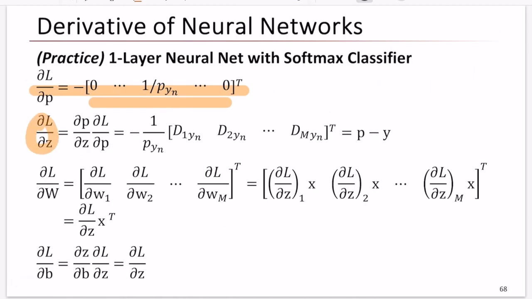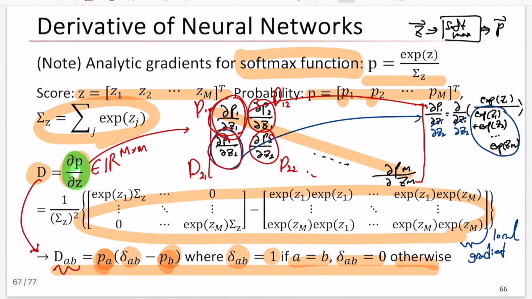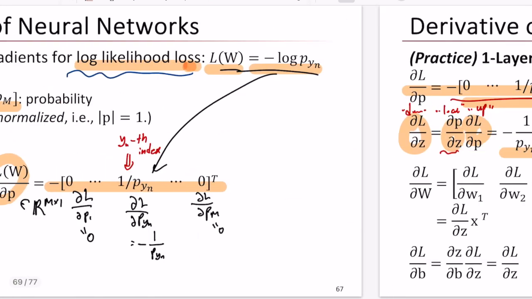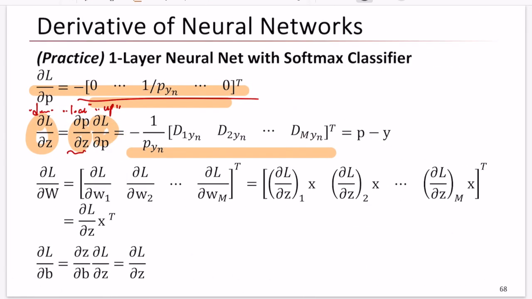And L over G is going to be the local gradient P over G times the upstream gradient L over P. By multiplying this one and the local gradient for the softmax function here, we can achieve this one.